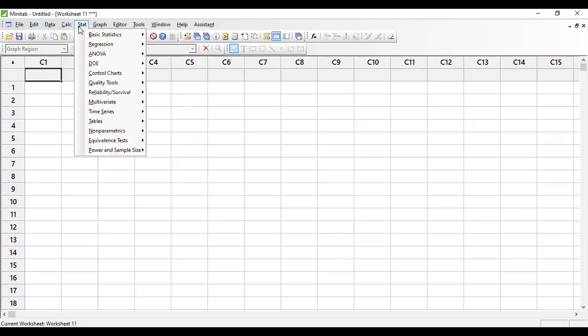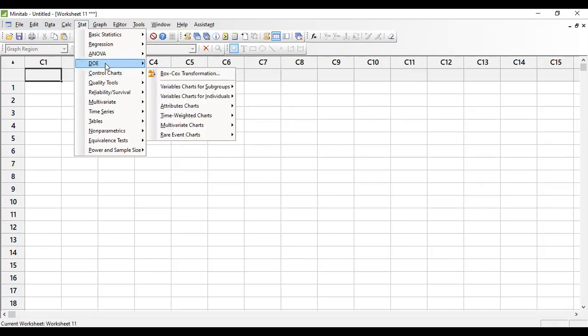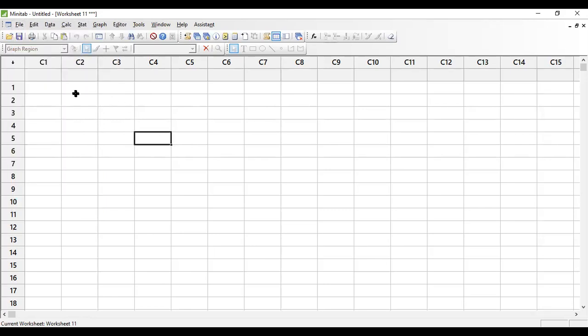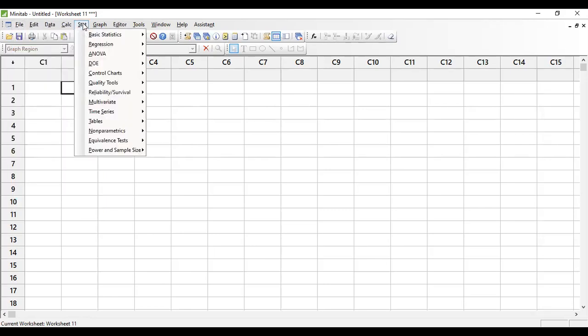Okay, right. Then in Minitab, first you have to get a new sheet. Then there is an icon for Stat. Then you can see DOE, design of experiment.